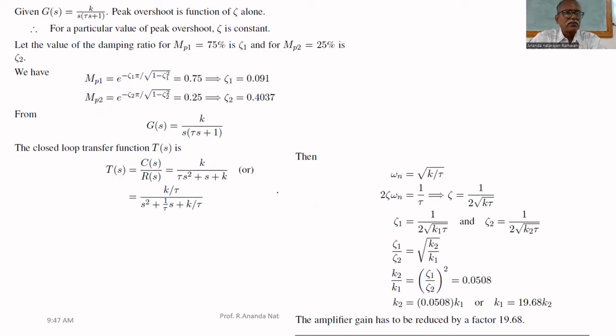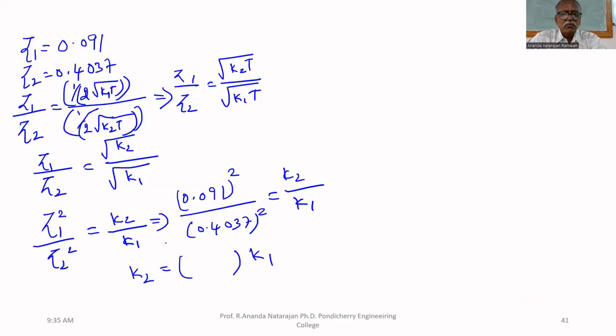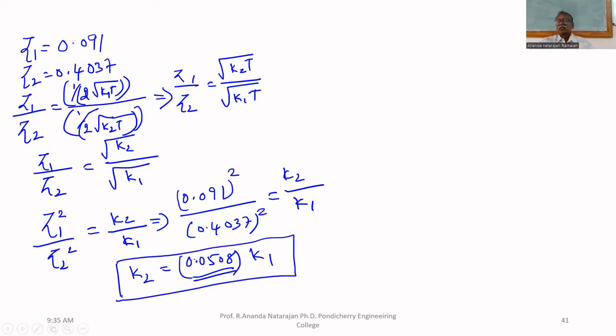0.0508. 0.0508 times k1. Suppose k1 is 1, it means the present gain should become 0.0508. So we have to reduce by this factor. This is the answer.